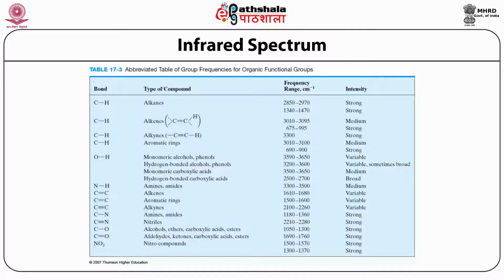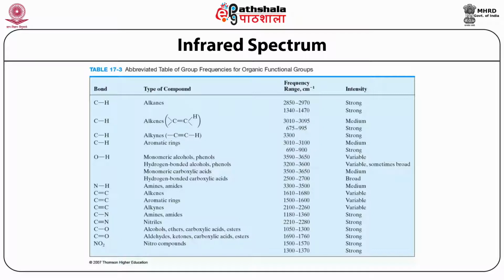For example, monomeric phenols give 3590 to 3650, and hydrogen-bonded phenol gives 3200 to 3600. Similarly, monomeric carboxylic acid gives you 3500 to 3650, and hydrogen-bonded carboxylic acid gives you a broad peak at 2500 to 2700.